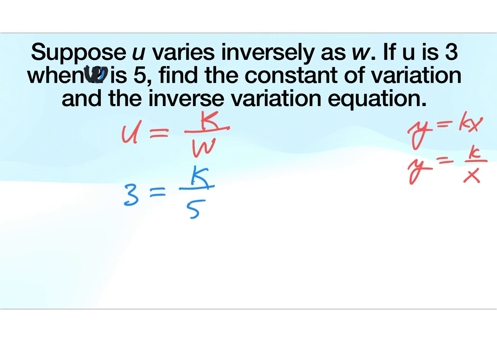Find the constant of variation and the inverse variation equation. So first thing I gotta do is find the constant of variation, which means I gotta solve this for k. Multiply by 5, k equals 15. So my equation would be u equals 15 over w. So then if they give me any future u's or w's, I could use this equation to find the other one.